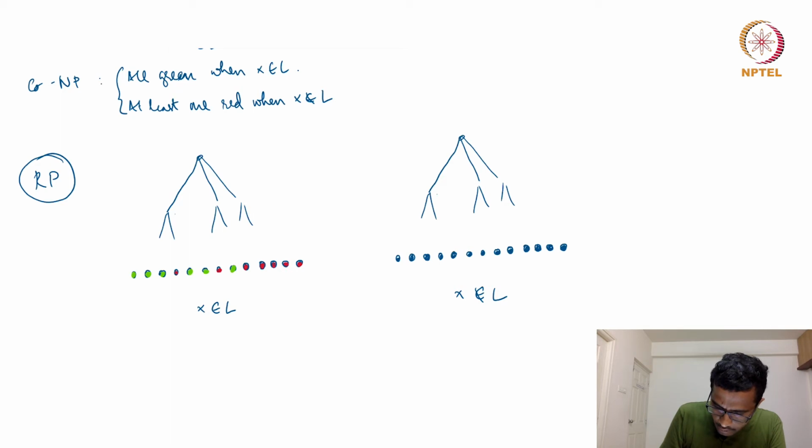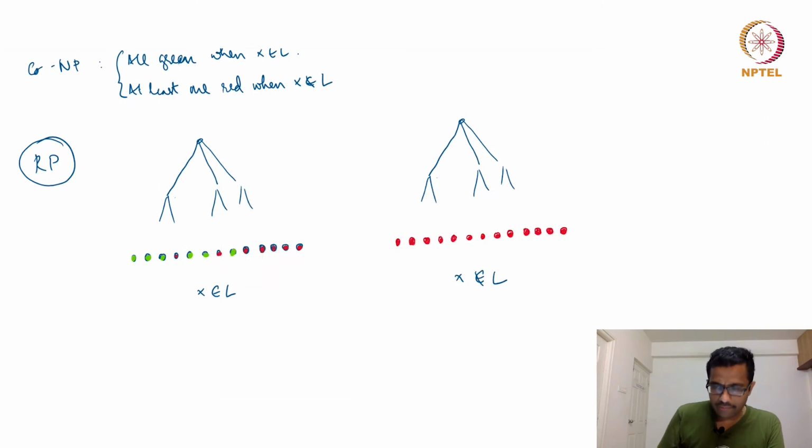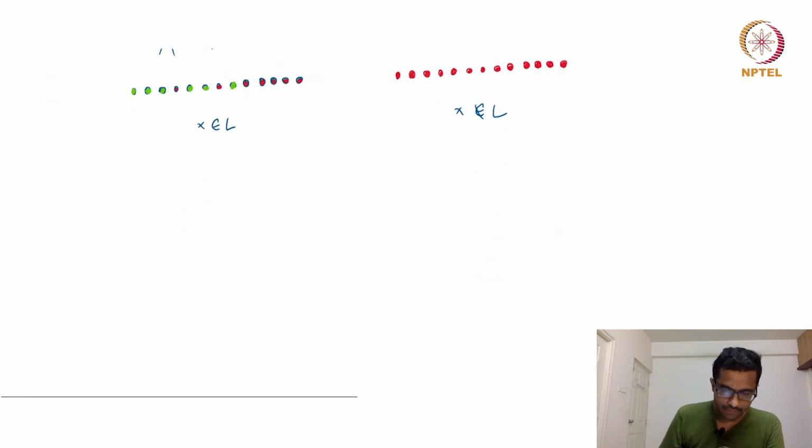And when X is not in the language, all of it should be red. That is the definition of RP.